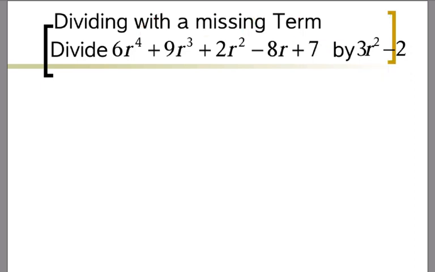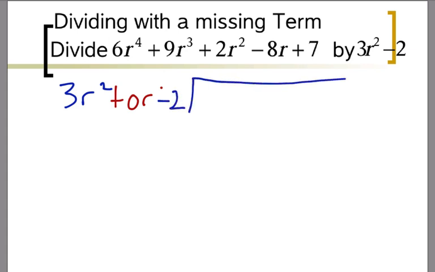Okay. So let's rewrite the problem. I've got 3r squared minus 2 on the outside, but I can't work with that, so I actually have to write 3r squared plus 0r, minus my 2.